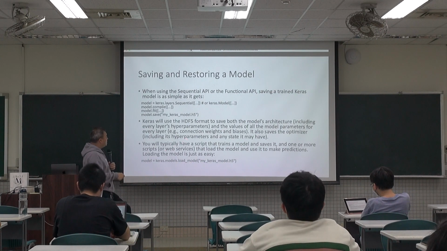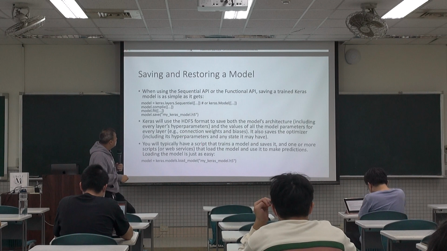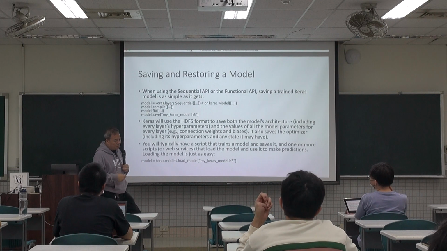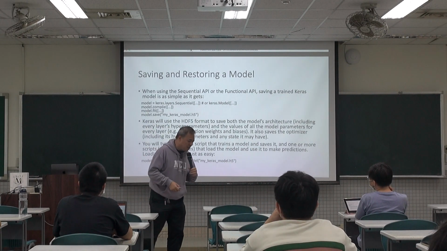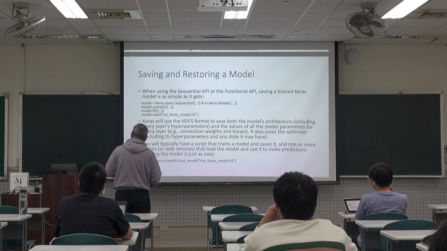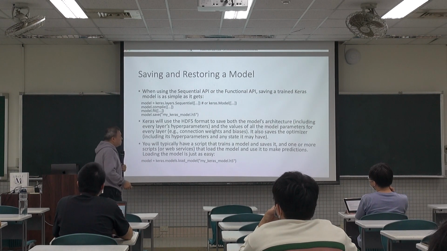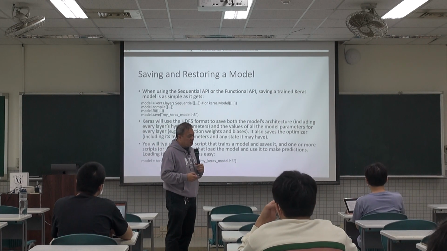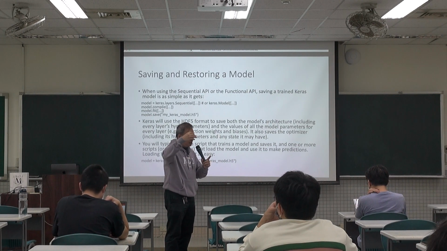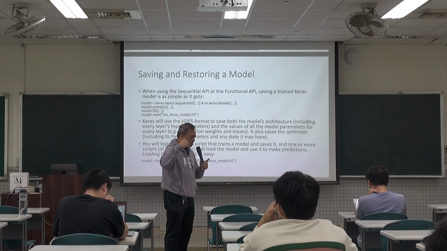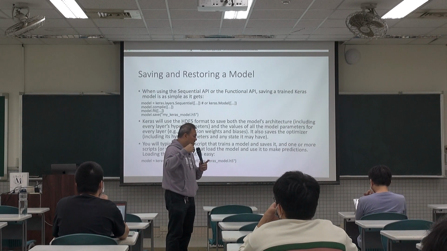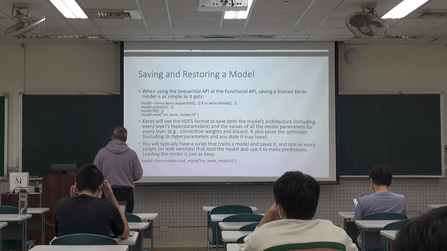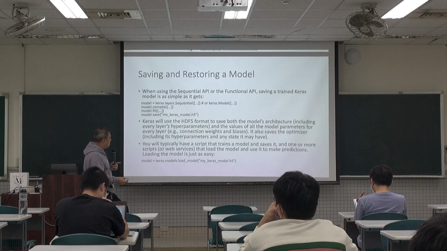But keep in mind, these things work for a model that is created by either the sequential API or functional API. But if you use the subclassing API, unfortunately it's more complicated, because as I said, the model architecture in a model created by the subclassing API is not that easy to obtain by Keras.